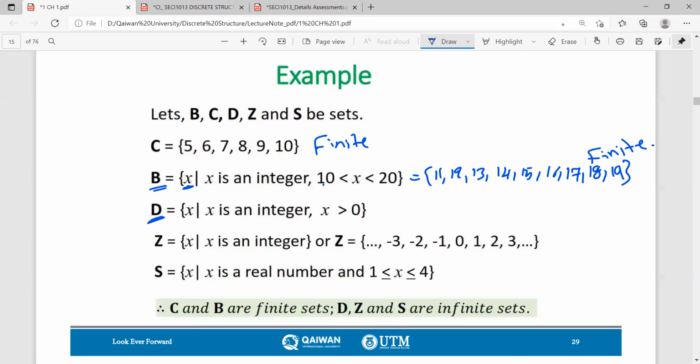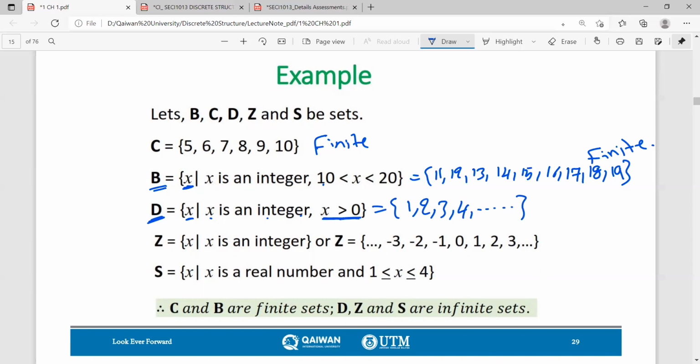And D is the set of X, where X is an integer, and X is greater than 0. Greater than 0 means 1, 2, 3, 4, 5, up to infinity. That means here we have no finite number of elements in D. It equals 1, 2, 3, 4, and so on.